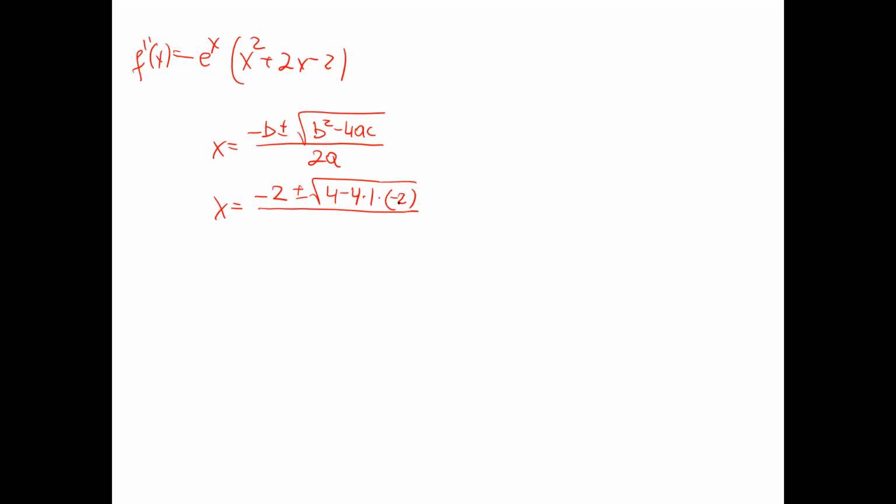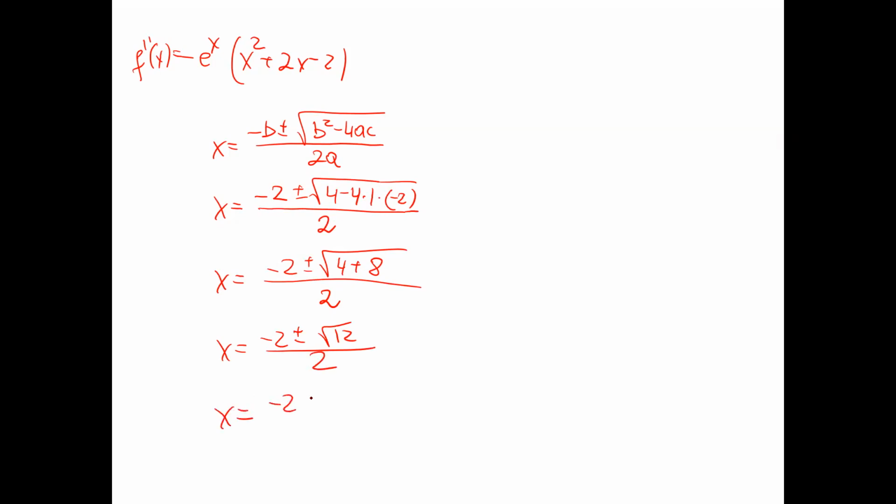This is the second derivative. Okay, quadratic formula: negative b plus or minus square root of b squared minus 4ac over 2a. Negative b will be negative 2 plus or minus square root of 4 minus 4a, and c is negative 2. 2a is 2. Okay, 4 plus 4 times 2, 8. Okay, square root of 12.